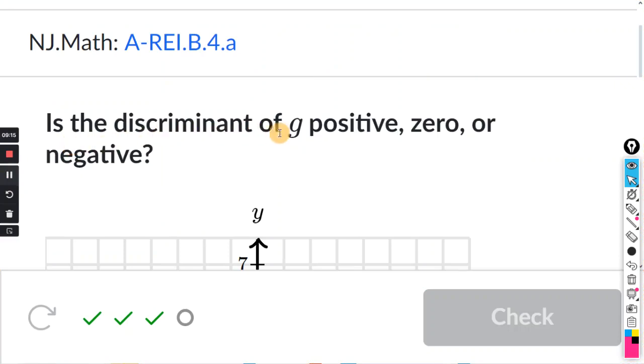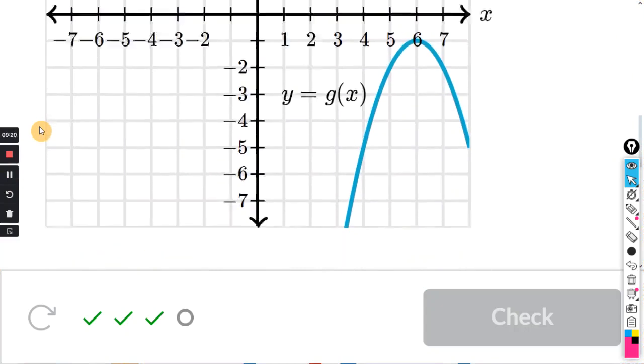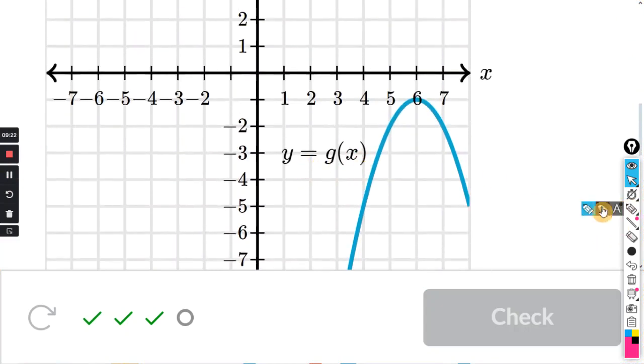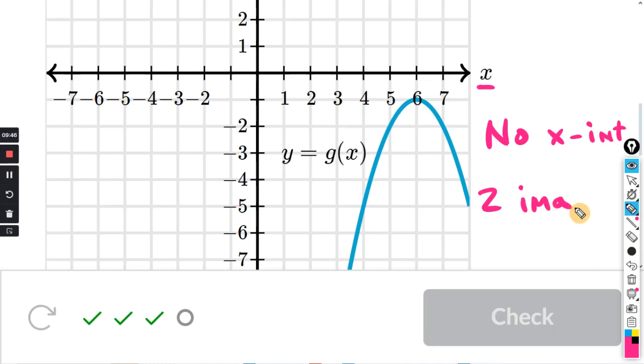Is the discriminant of G positive, 0, or negative? Let's see. Here's the function G. Here is the x-axis right here. Does the graph have any x-intercepts? No, it does not. It never reaches the x-axis. That's no x-intercepts. So what does that mean? 2 imaginary roots.